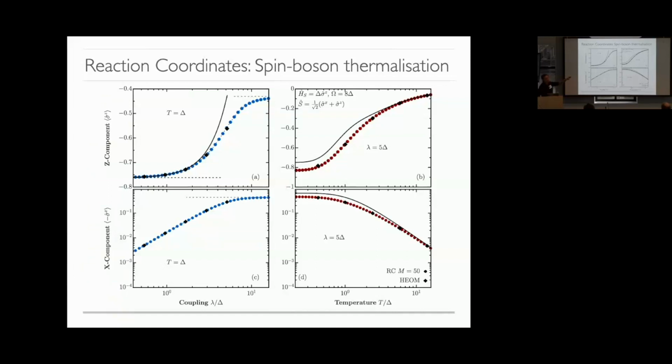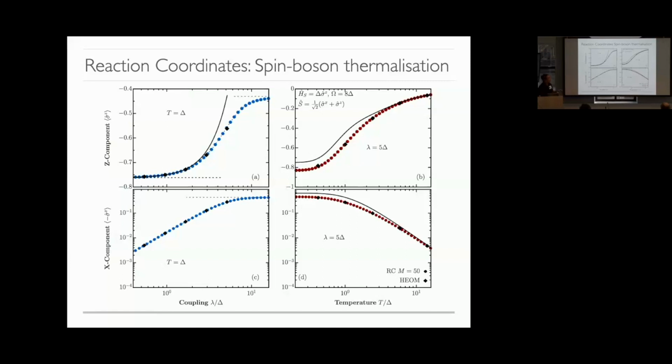This can be analytically described for this model. And this black line here is a second order approximation to your thermal state, which is a further approximation that you can make on a thermal state at strongish coupling. That's the reason it works at strongish coupling, but not strong coupling.